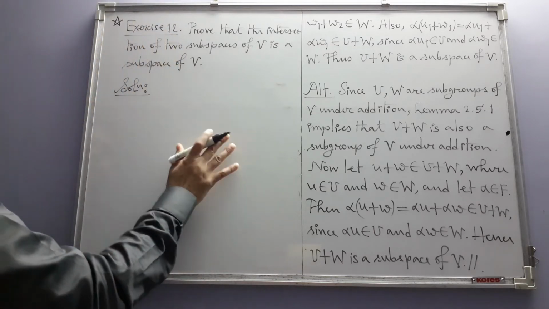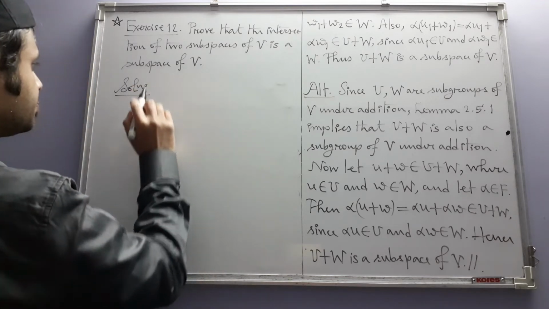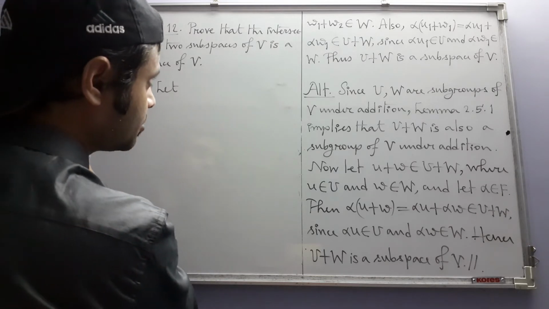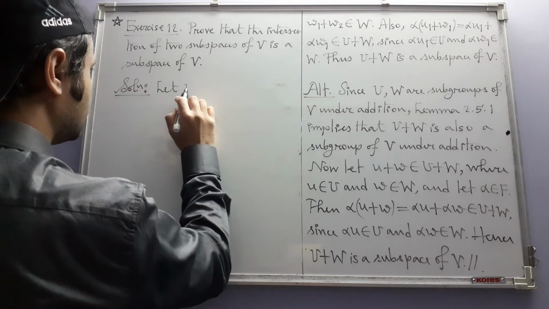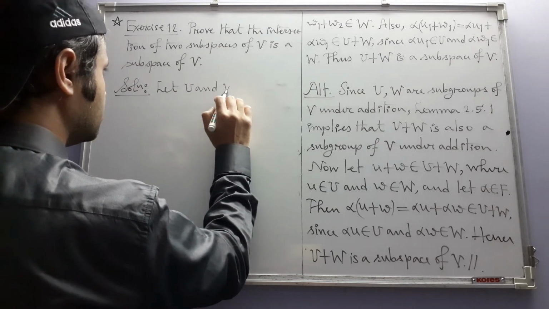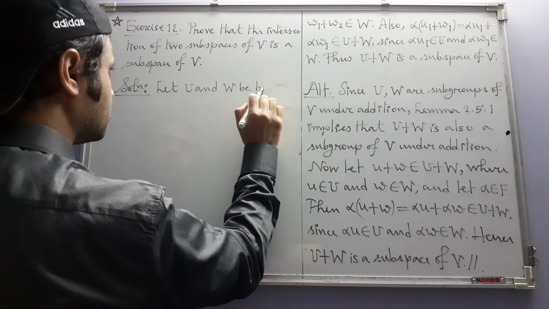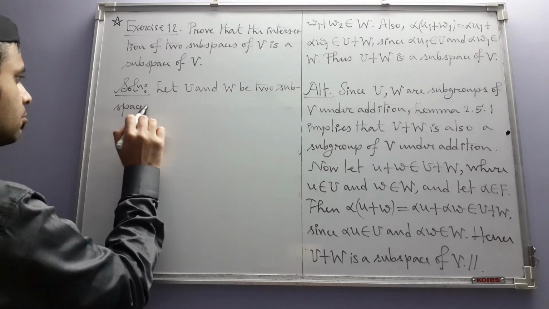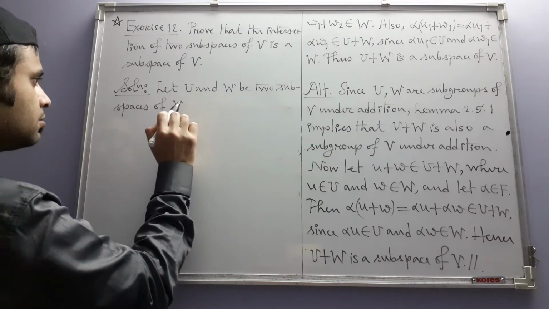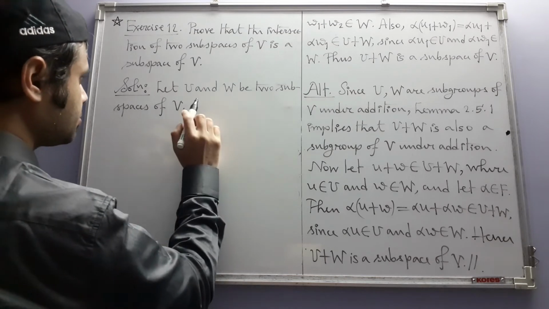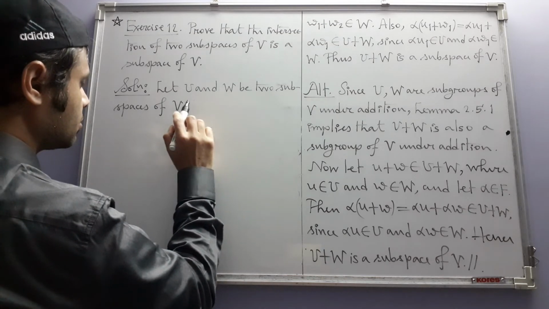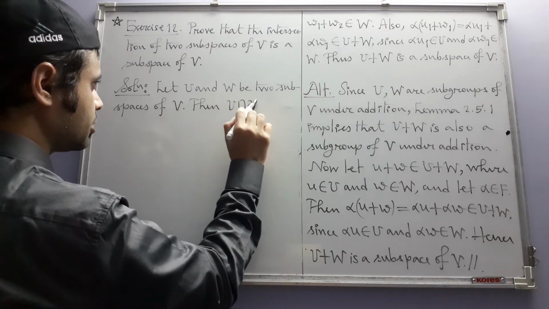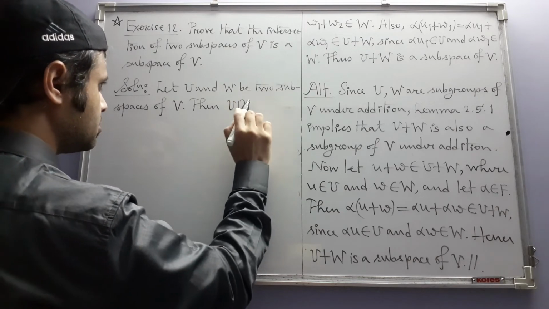Let us use the subgroup criterion itself. But before that, we have to assume the two subspaces. Let U and W be two subspaces of V. Then U intersection W is non-empty.